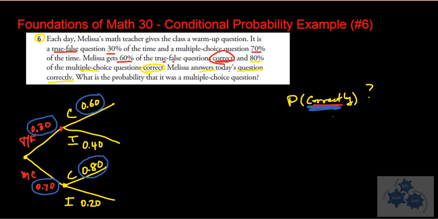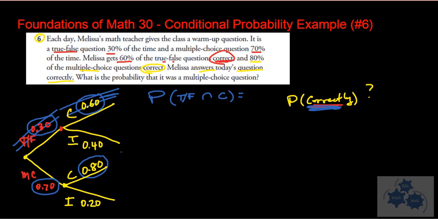And of course, we're looking for the probability that she gets the question correct. So here are the correct pathways, if you want to call them. Let me highlight: here's the first, it's true-false, and she gets it correct. So we're going to find the probability that it's TF and correct.